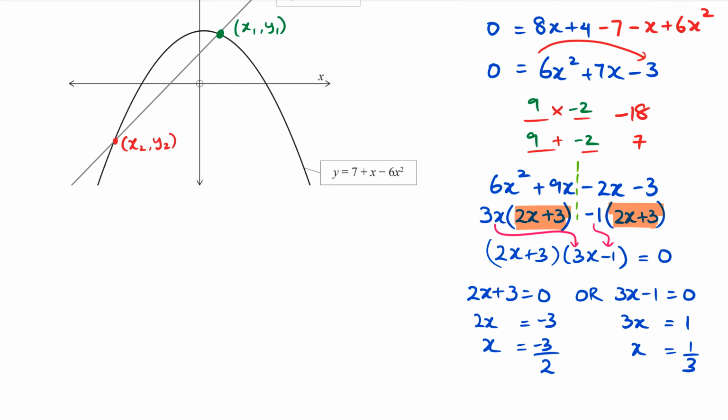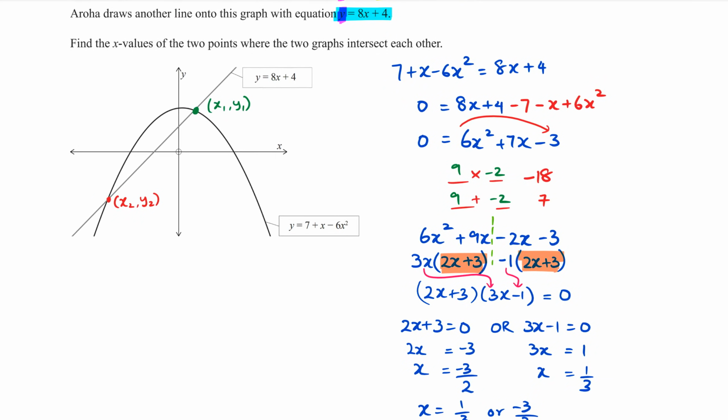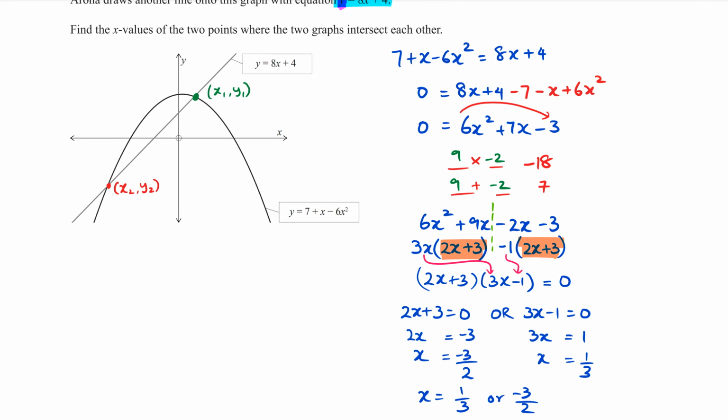So what we actually have is two values for x: 1 over 3 or negative 3 over 2. And you can kind of see that here, because this part right here is a positive 1/3. This part right here is negative 3 over 2, or negative 1.5. So you can kind of see the ratio of it.